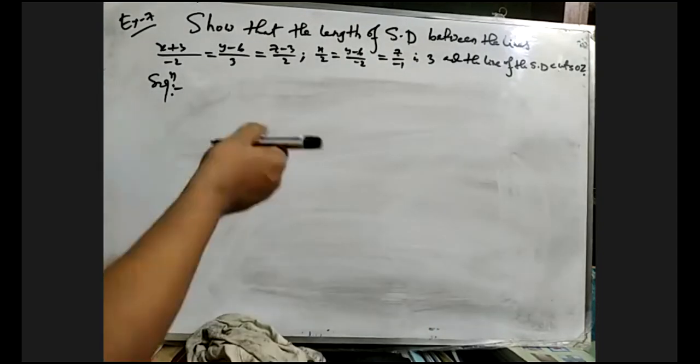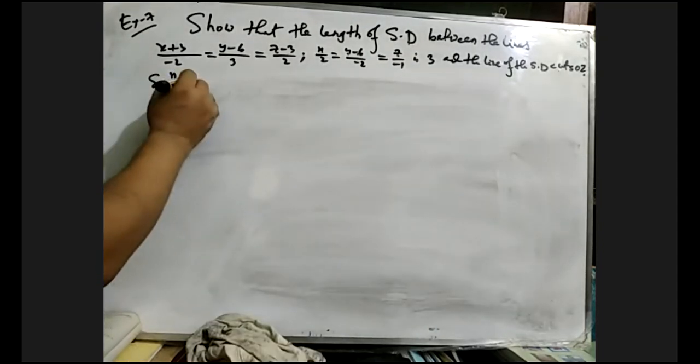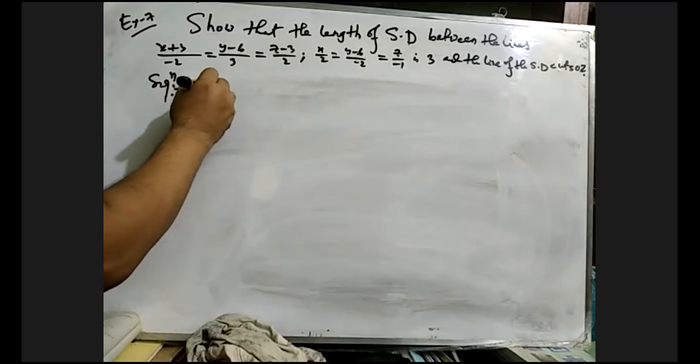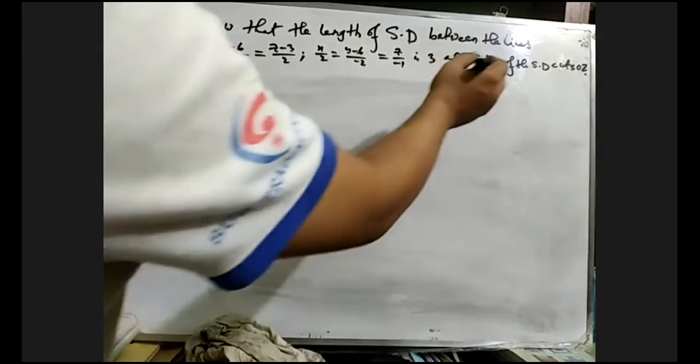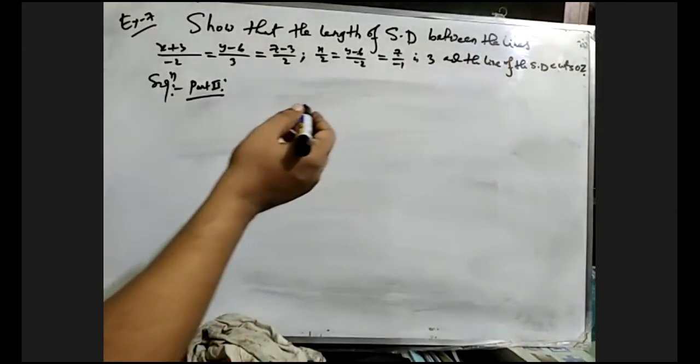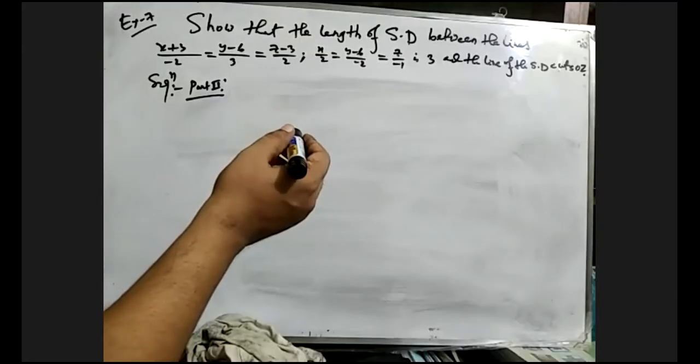Okay, now the second part. In the second part, we have to find the line of shortest distance which cuts the OZ.